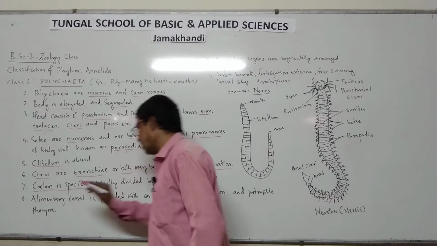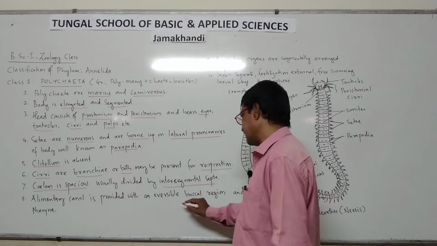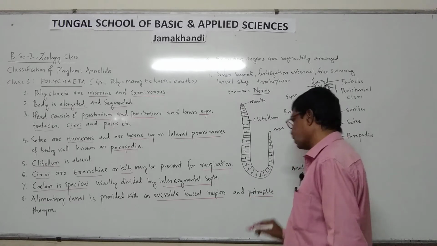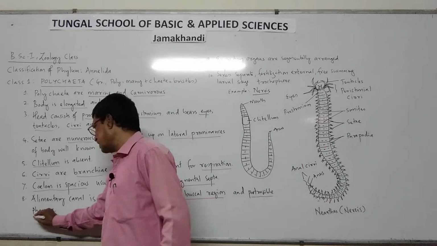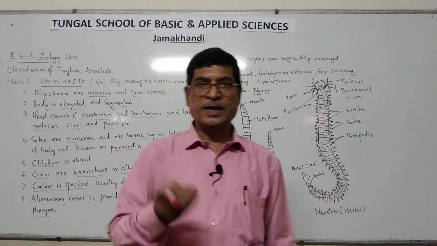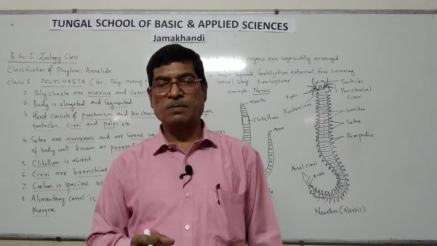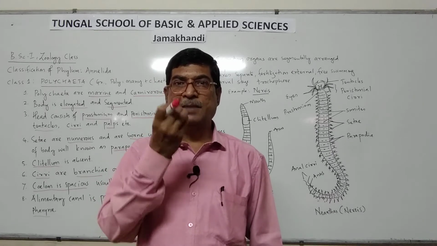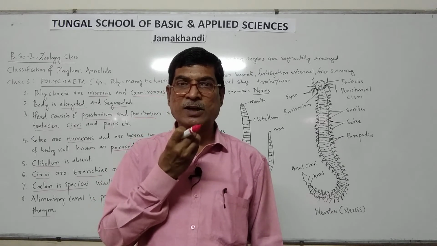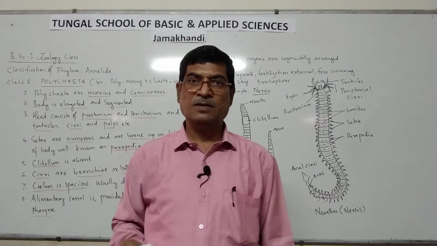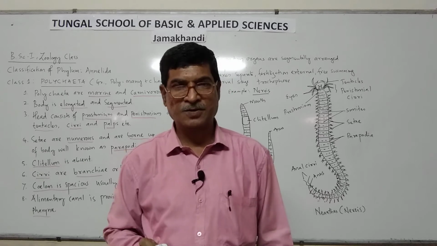Then the alimentary canal is provided with a reversible buccal region and protrusible pharynx. Such arrangement is not found in earthworm. Some of the earlier part of the alimentary canal is everted through the mouth to suck the food organisms.